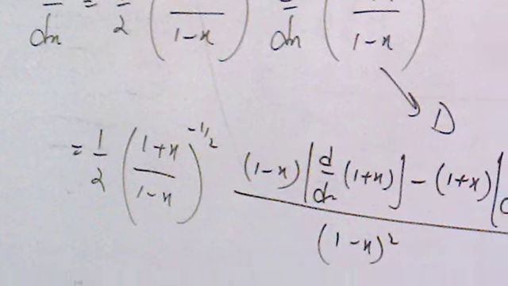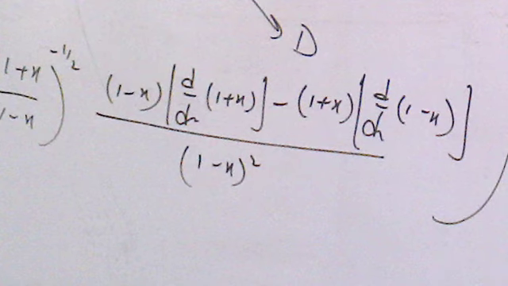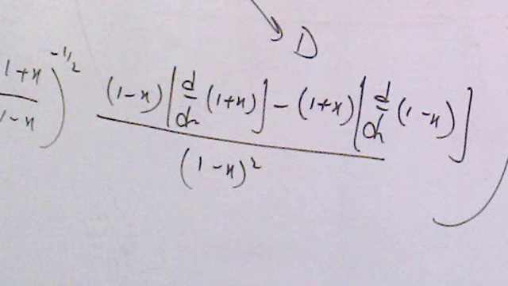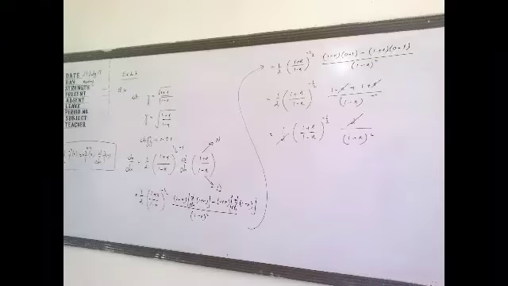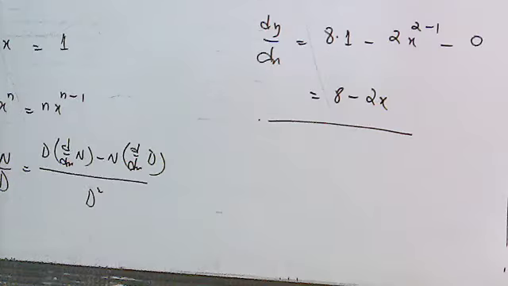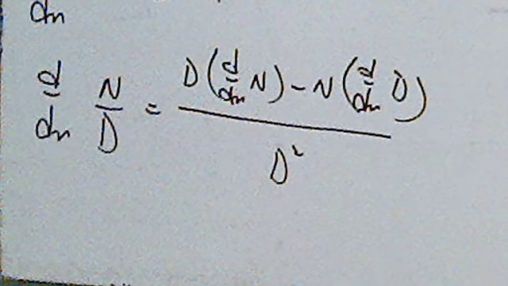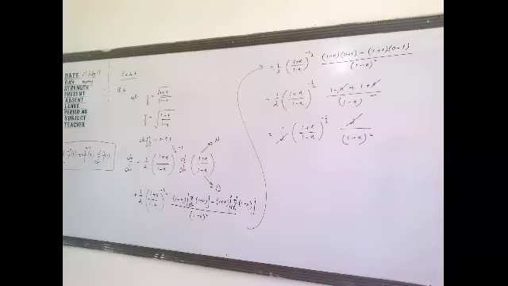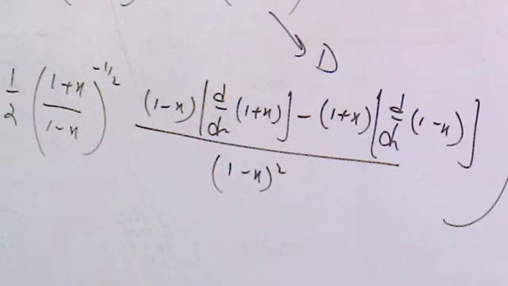The first portion is the same, and on the second we apply the quotient rule: derivative of numerator times denominator minus numerator times derivative of denominator over square of denominator. This is the formula on the last page. We put these values in the formula.